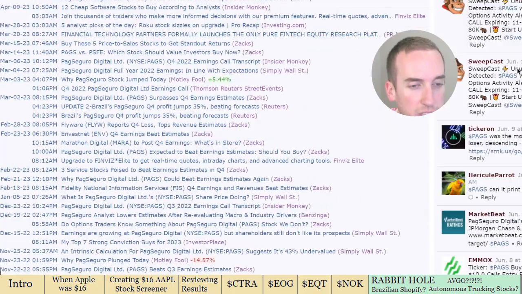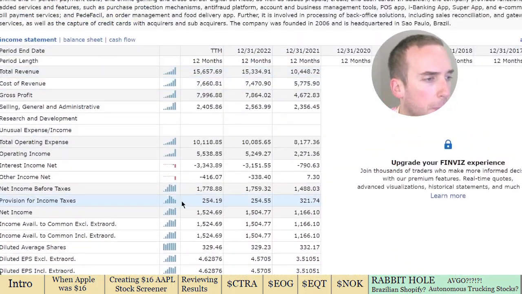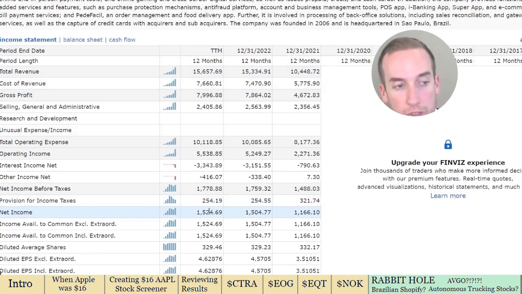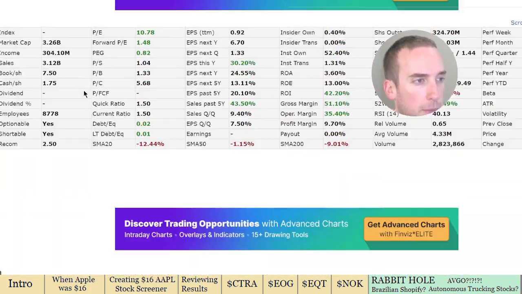Let me explain why. I just learned something with you guys on camera. I apologize. You see net income right here? It's at 1,500,000,000 and whatever. And up here, net income is 304 million. They're doing the conversion on this table.